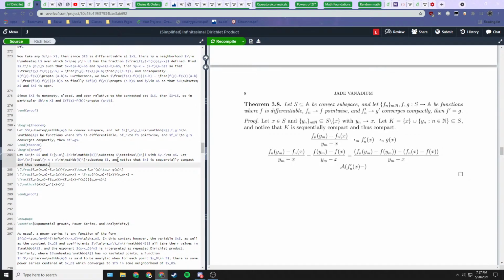So we have a compact set. This means that over K we have f sub n prime going to g prime, not, yeah, g, let me fix that, going to g uniformly.